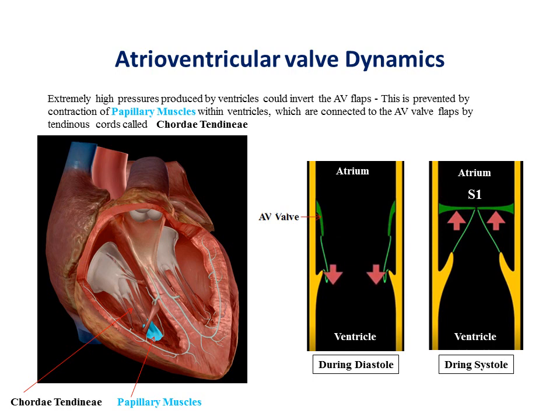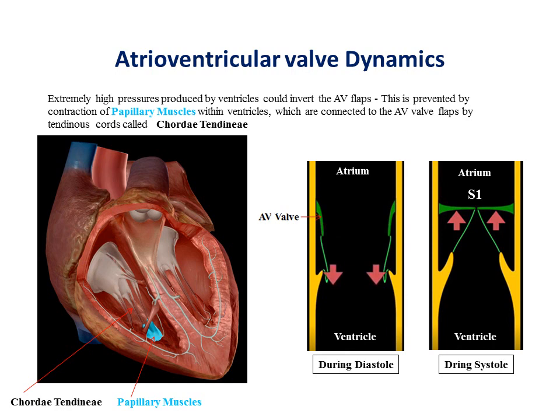Let us look at this diagrammatic representation through a longitudinal section of the heart. This is the right side of the heart. This is the right ventricle with three cusps of the atrioventricular valve on the right side. Those three cusps are connected by tendinous cords through the papillary muscles.